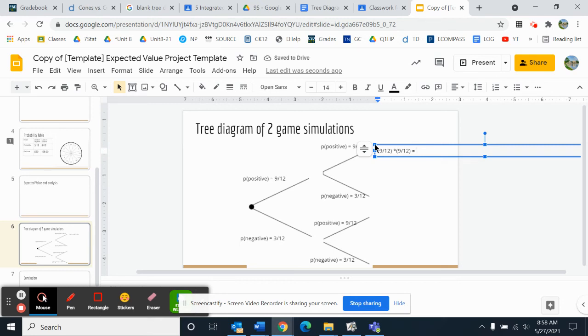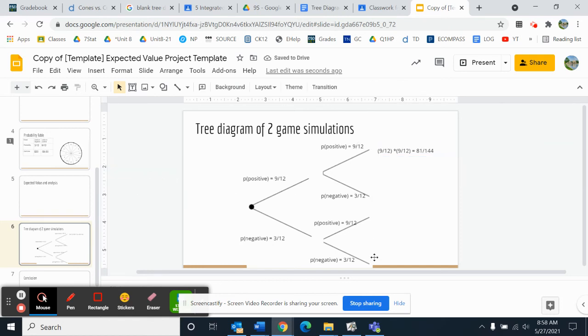So that's 9 times 9, which is 81, and 12 times 12, which is 144. And you would do that for the other 3 scenarios. And the final piece is to add up all those probabilities, those total probabilities, and they'll add up to 144 over 144, which is the same as 1.